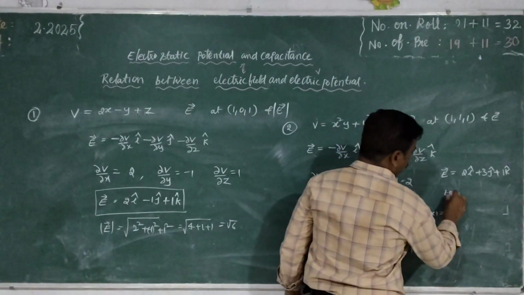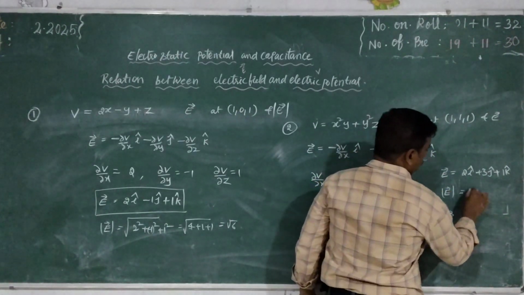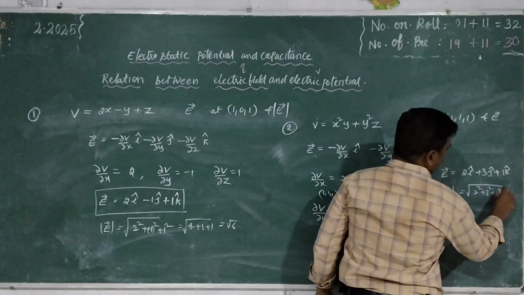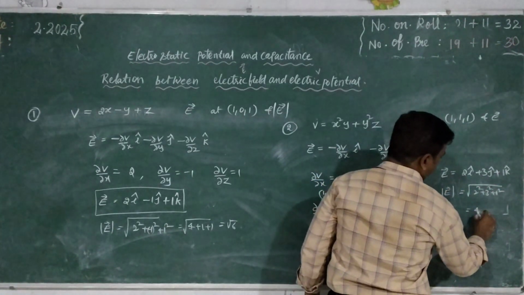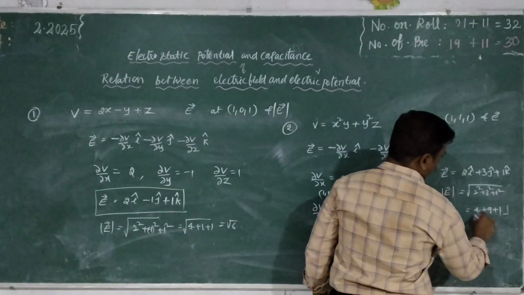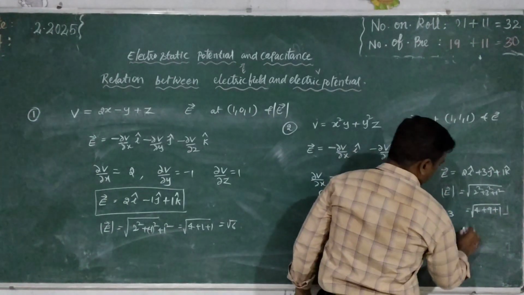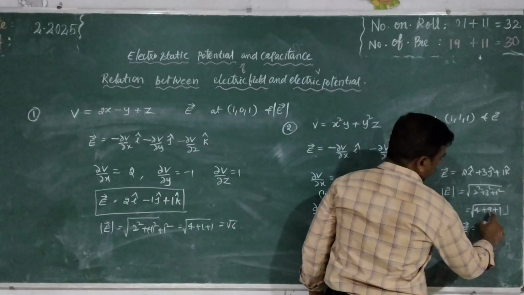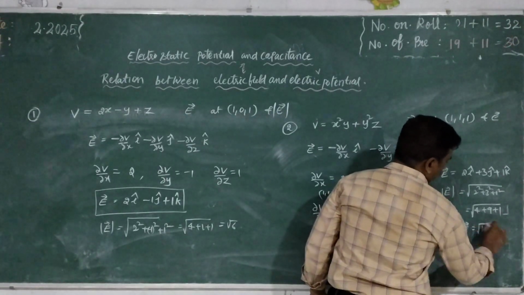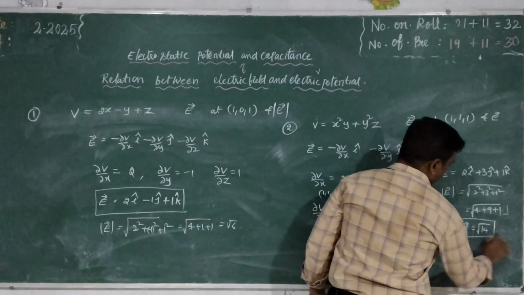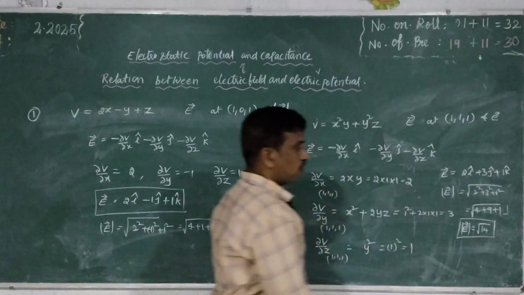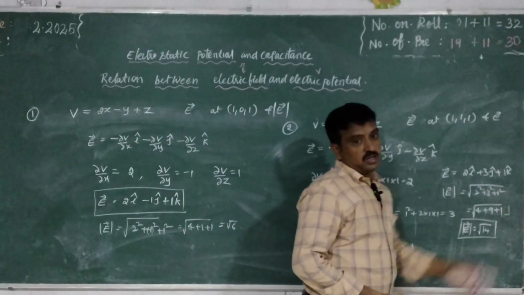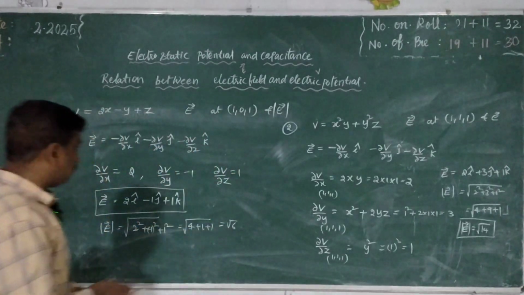Now we want the magnitude: root of 2 square plus 3 square plus 1 square. 2 square is 4, 3 square is 9, plus 1, so 4 plus 1 is 5, plus 9 is 14. The magnitude of the electric field is root 14. The electric field is 2 i cap, 3 j cap plus 1 k cap. Yes?